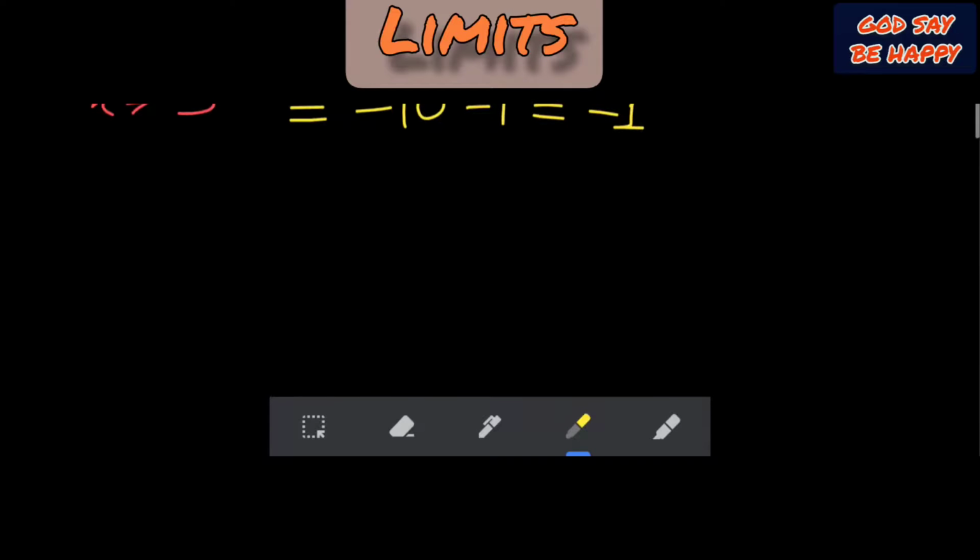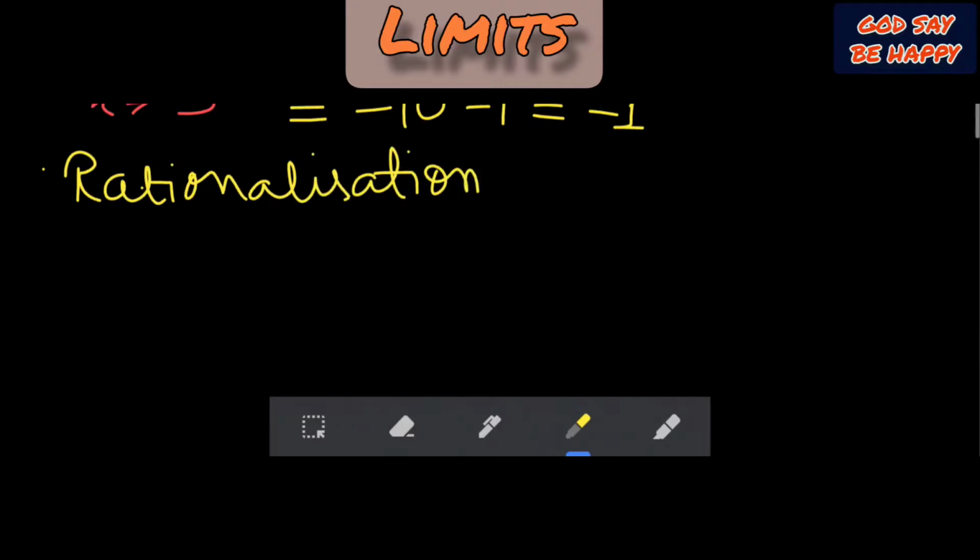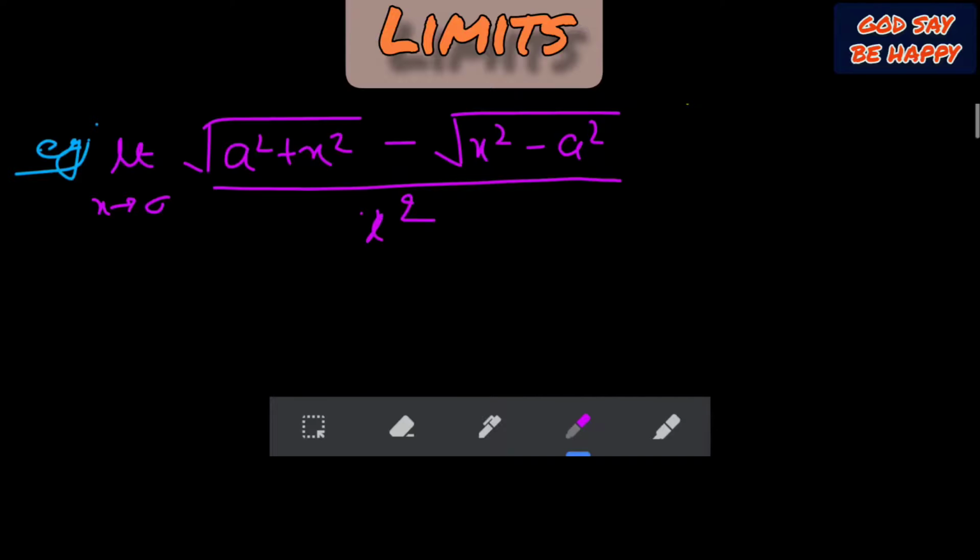Now another method that we have to solve limit is rationalizing. By rationalizing we solve limits. So rationalization method. Example of rationalization method. We have this question. In this we have to rationalize.